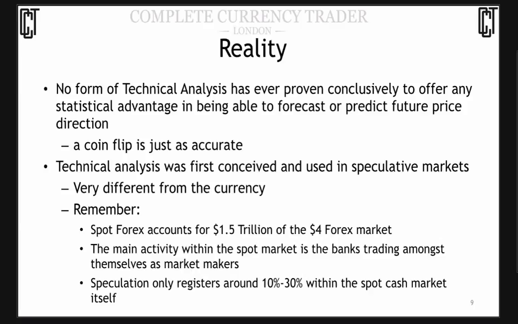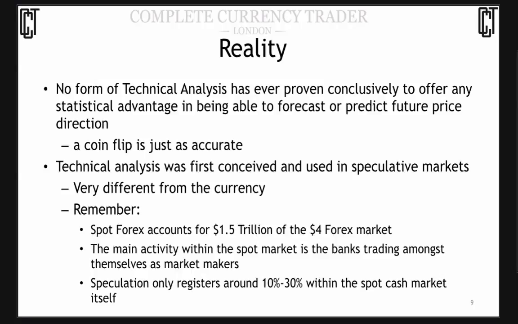The main activity in spot Forex is banks trading amongst themselves as market makers. They're the ones changing hands with orders going in and out. Speculative trading only registers about 10 to 30% of that spot market itself.